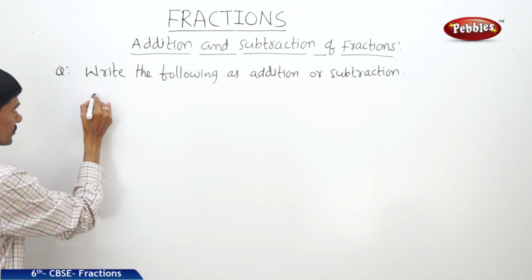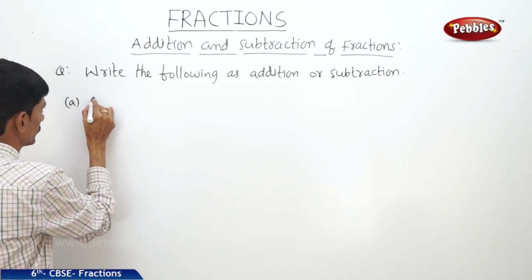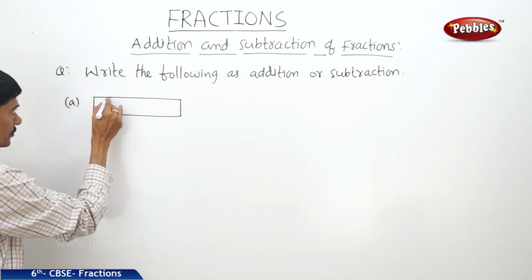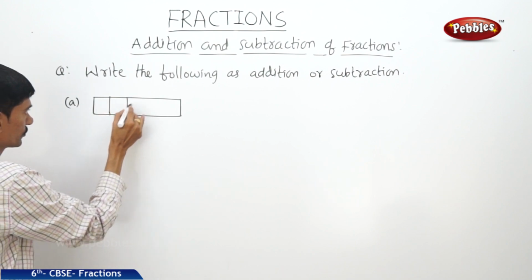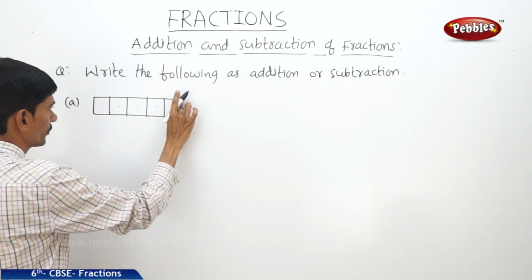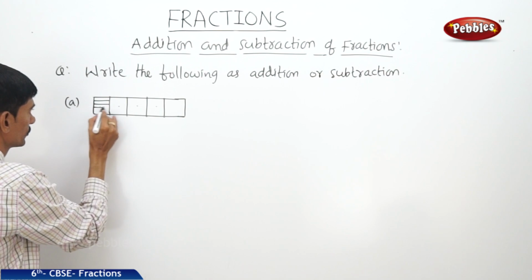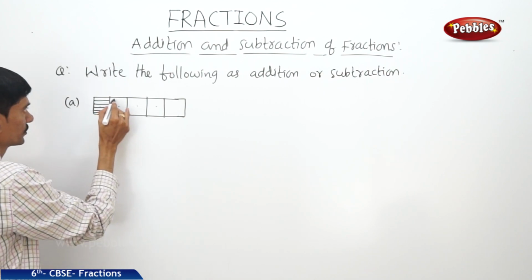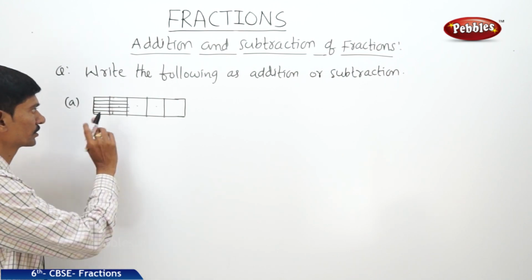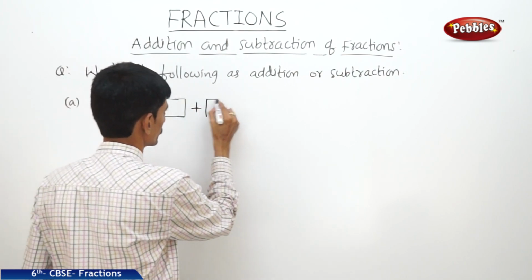Now the first one is a rectangle divided into 1, 2, 3, 4, 5 equal parts. In this two parts are shaded, plus, there is another rectangle.